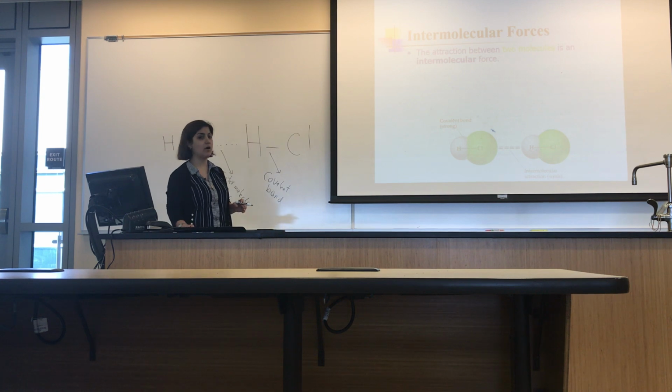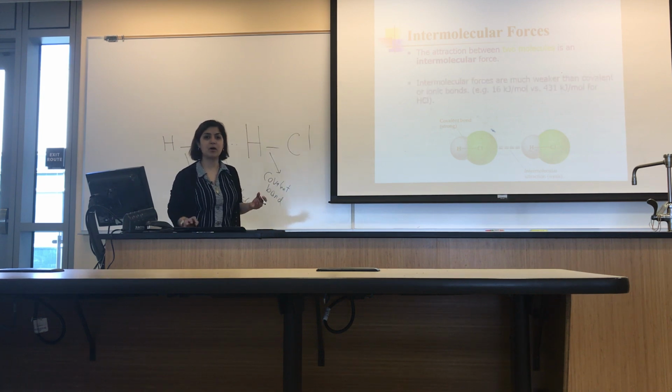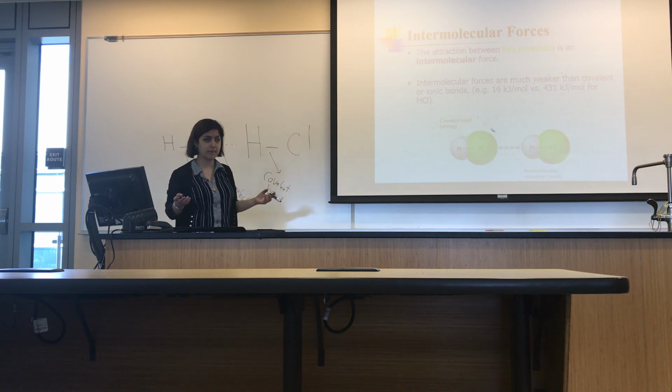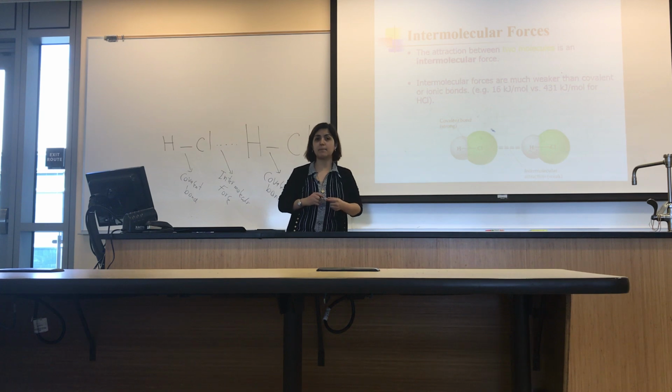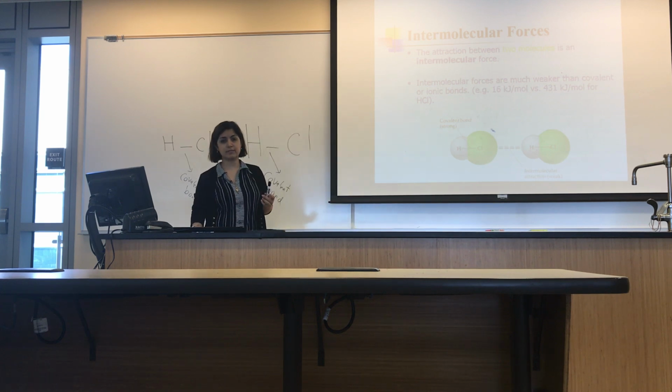Intermolecular forces are much weaker compared to covalent and ionic bonds. You can see 16 kilojoules per mole compared to 431. So they are much weaker compared to ionic and covalent bonds. What are those?